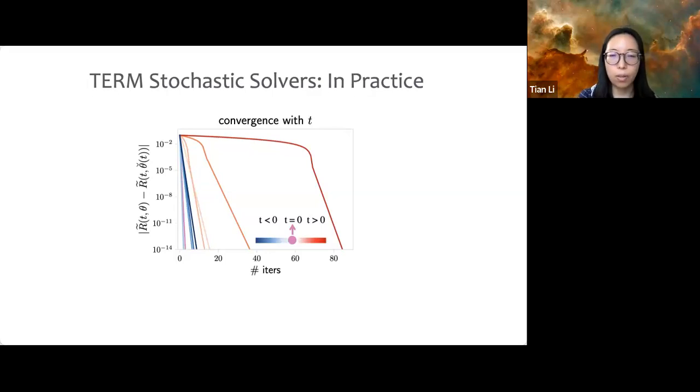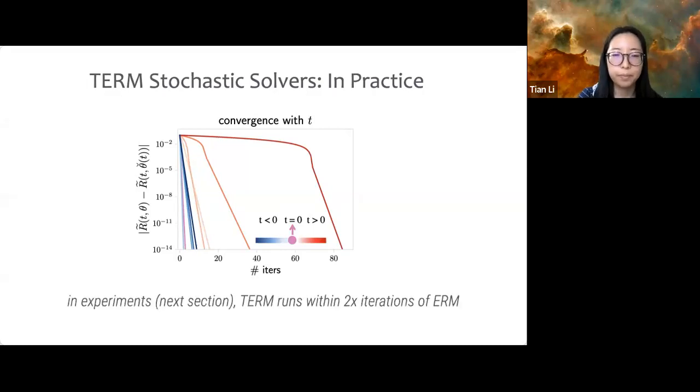And when t is very, very large, the convergence will become much worse. And then the convergence of this non-convex objective when t is smaller than 0 is reasonably good. But in all our experiments, TERM runs within 2 times the iterations of ERM. And this is just to show the convergence of TERM when t is very, very large on a synthetic data set.